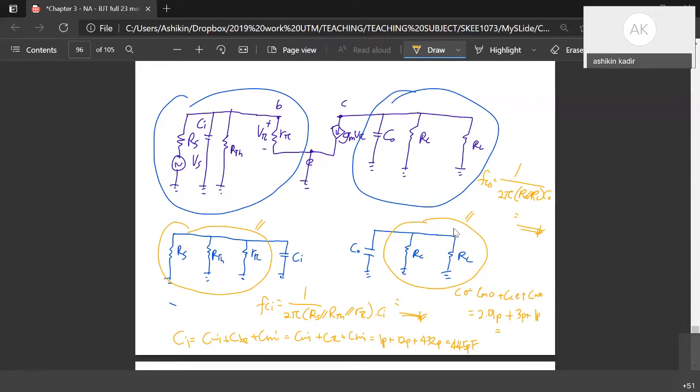So CO will be 2, 3, 4, 5, 6.01 pico. CI is 445 pico, CO is 6.01 pico.